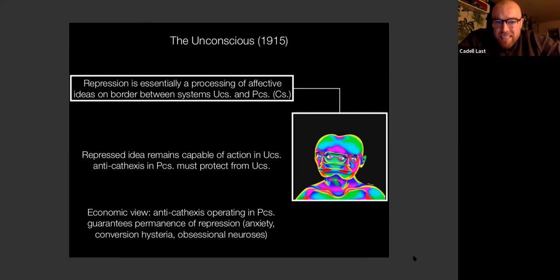The economic view is that the anti-cathexis operating in the preconscious guarantees the permanence of repression, though it cannot get rid of it completely.